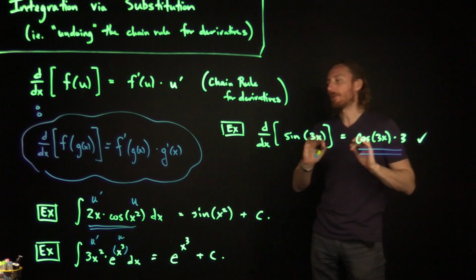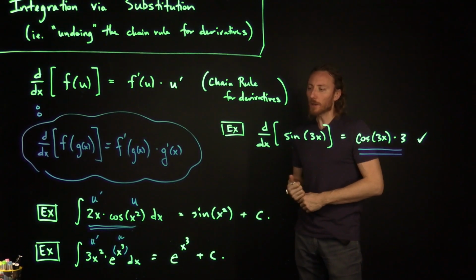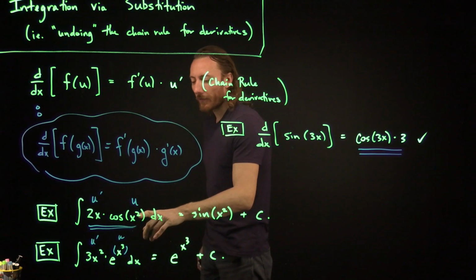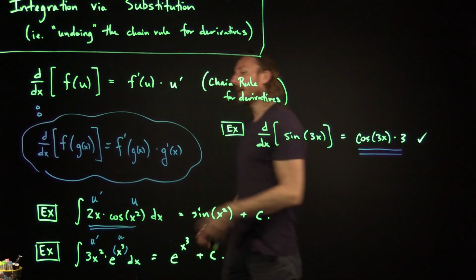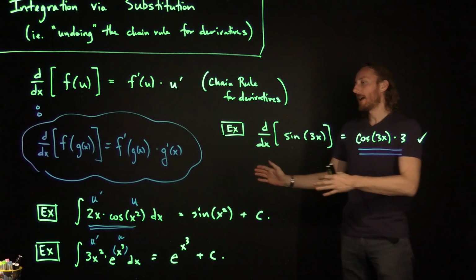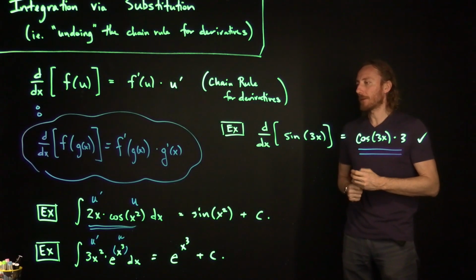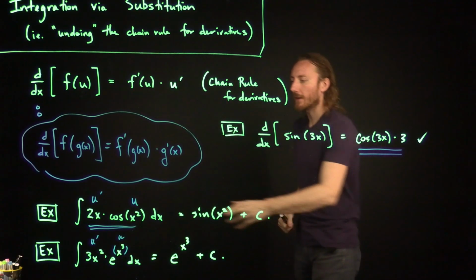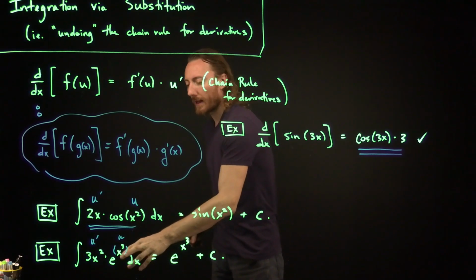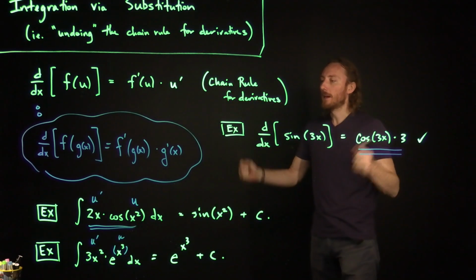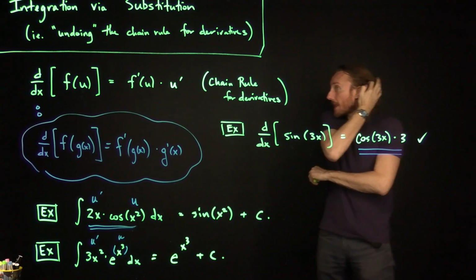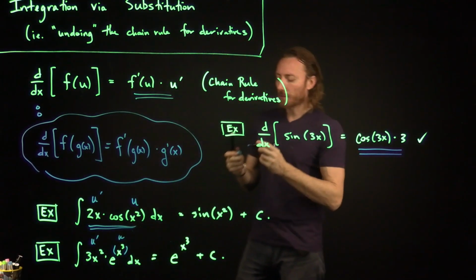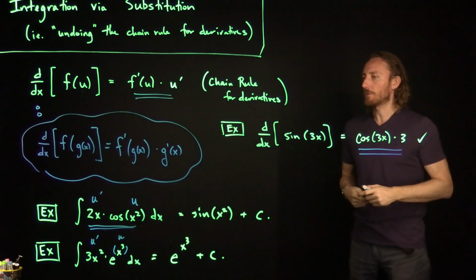And hey, if you're in a situation where you've got a function inside a function, and then you've got an expression also within that function that is related by way of derivative, like this x squared and this 2x, or the x cubed and the 3x squared, those two factors present there could be a symptom of the chain rule for derivatives, and ultimately the method of substitution will come into play.